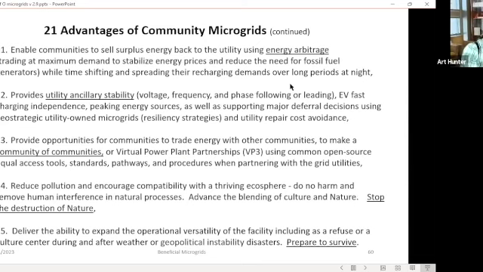Energy arbitrage, to buy low, sell high, and that in fact happens if you have a battery and you can time shift your energy charge time at the low rates and even sell it at the high rates back into the grid. That's a big advantage.